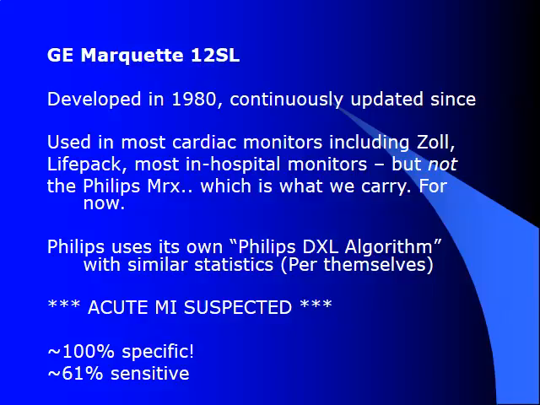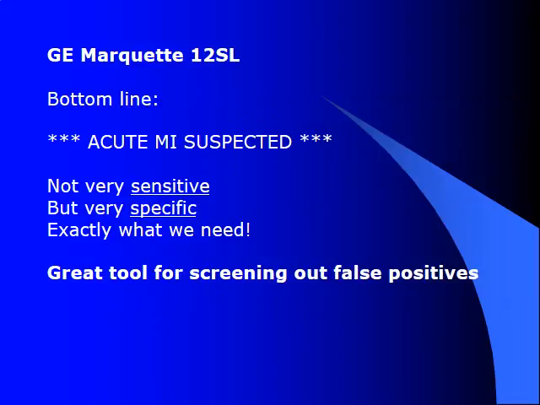Since the sensitivity is so low, there are a lot of false negatives as well, meaning that you do have an ST elevation MI and the machine's just not picking it up. So they are machines, they aren't infallible. That's where we come in. So the bottom line is whenever we do see acute MI suspected, it's not very sensitive, but it's very specific, which is what we need. It's very good at screening out those false positives.